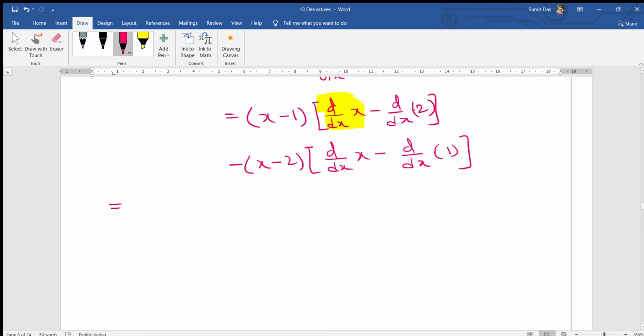Got any answer? I hope everyone is listening. I'm asking what is the derivative of x, this yellow highlighted one.